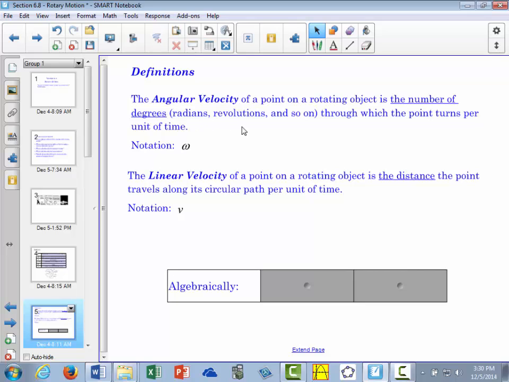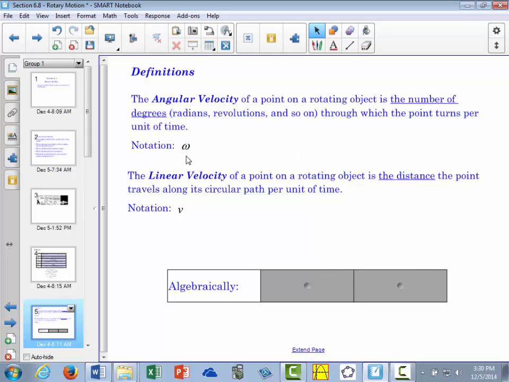The angular velocity of a point on a rotating object is the number of degrees, either in radians or revolutions or so on, could be any of those, through which the point turns per unit of time. So basically, what proportion of a circle have we traveled around?